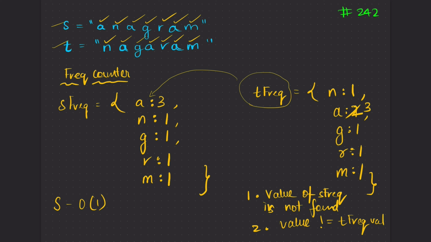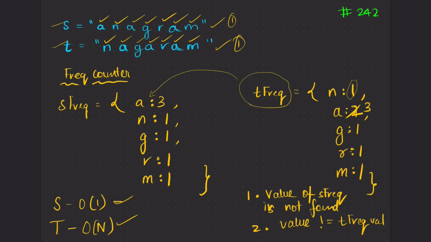It's a set number of characters in a dictionary, and we're just updating these values. So it's O of 1. And time is actually O of n, to go through each one of these once and once only, and not in a nested manner. So yeah, these are the time and space complexities.